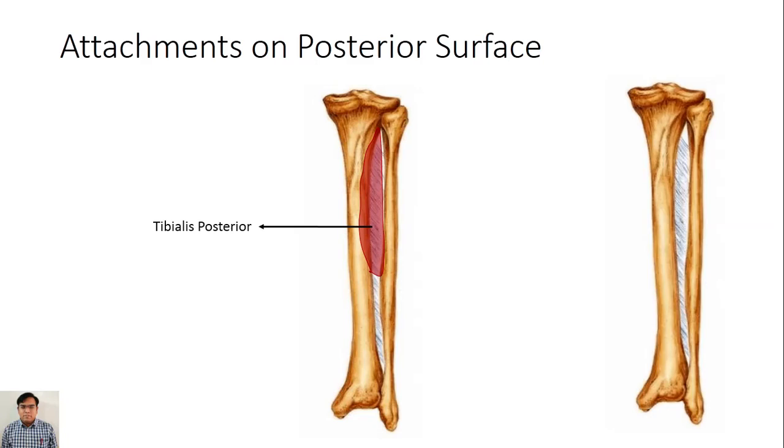Between the medial crest and posterior border it gives origin to soleus, and just below the soleus is the origin of flexor hallucis longus. So soleus and flexor hallucis longus are present in between the medial crest and posterior border.